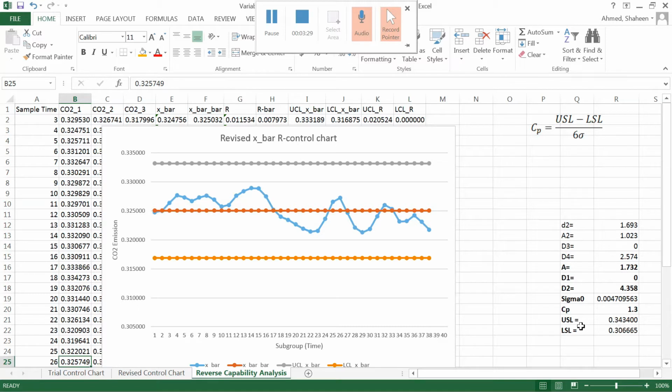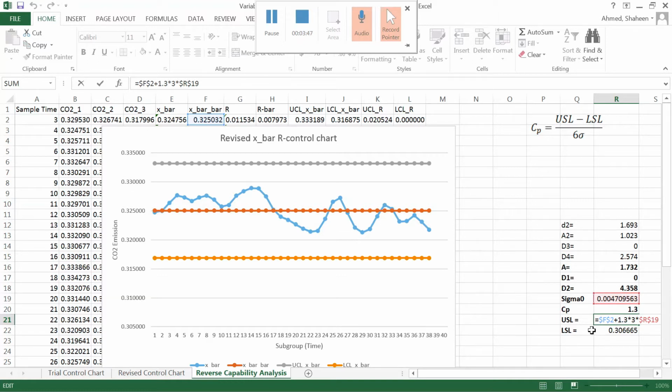Basically, you're trying to find out the upper spec limit and lower spec limit. I have calculated this upper spec limit. Check the other video on how the upper spec limit and lower spec limit are calculated; the video probably says reverse capability analysis or something similar.